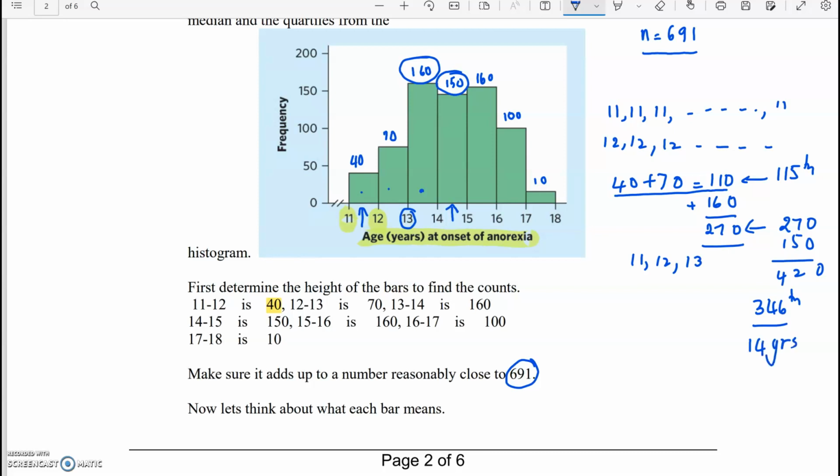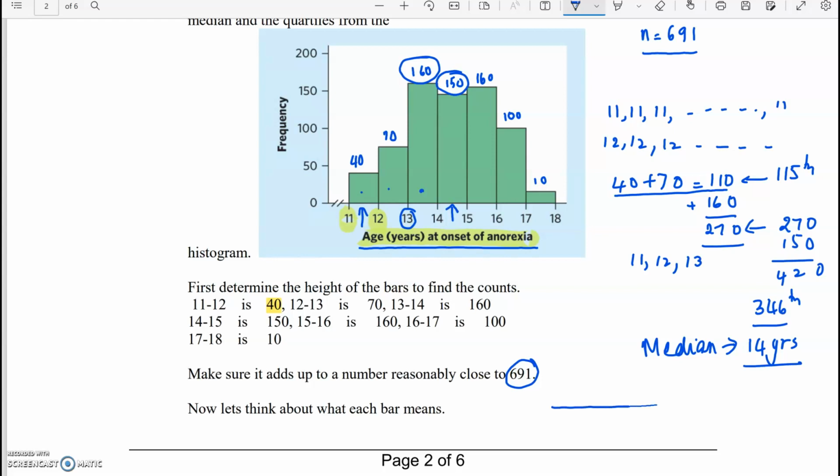So 14 years is the median. Remember, the data set is age in years at the onset of anorexia. So your median is the age in years, and it sits in the fourth bar. So the median is 14 years.